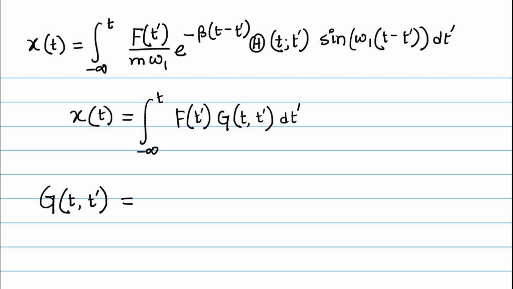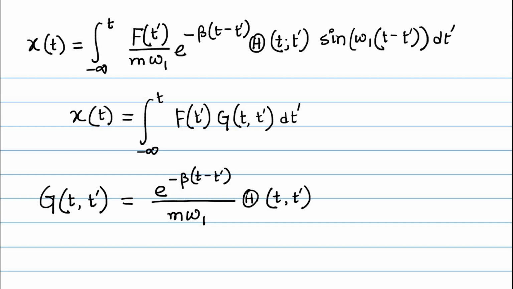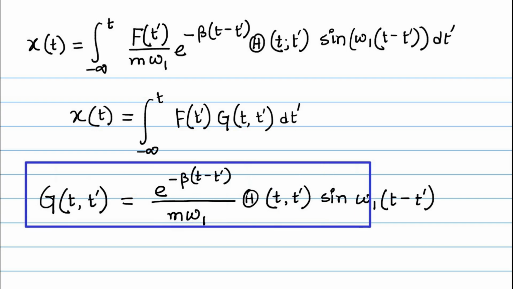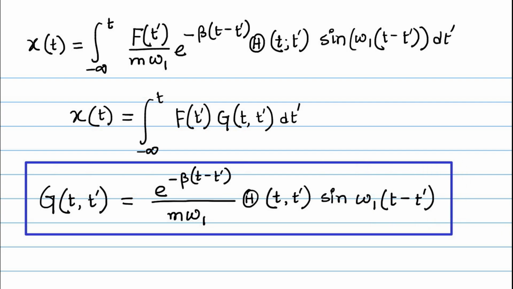That would be fine as well, but this is e to the negative β (t minus t prime) divided by m ω1. Then we have θ, the step function with argument t and t prime, then sine of ω1 (t minus t prime). And that, I think I should box it up, that is the Green's function we were looking for.